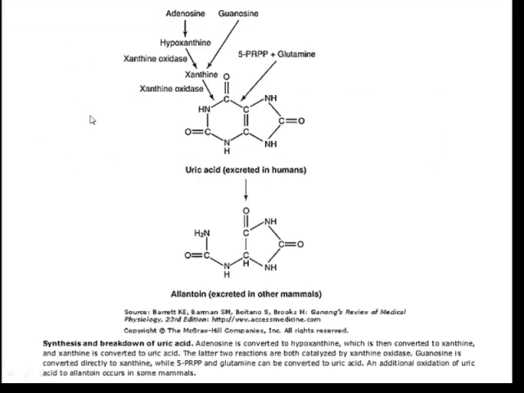Here, this figure illustrates the process of synthesis and breakdown of uric acid. As you can see here, adenosine is converted to hypoxanthine, and then hypoxanthine is converted to xanthine by the activity of the enzyme xanthine oxidase. Then xanthine is converted to uric acid, again a reaction catalyzed by the same enzyme, xanthine oxidase.